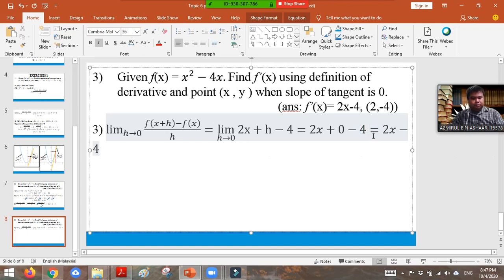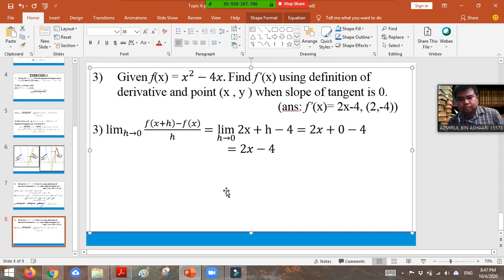Okay. This is the fourth step. You already get that this one becomes 2x minus 4.